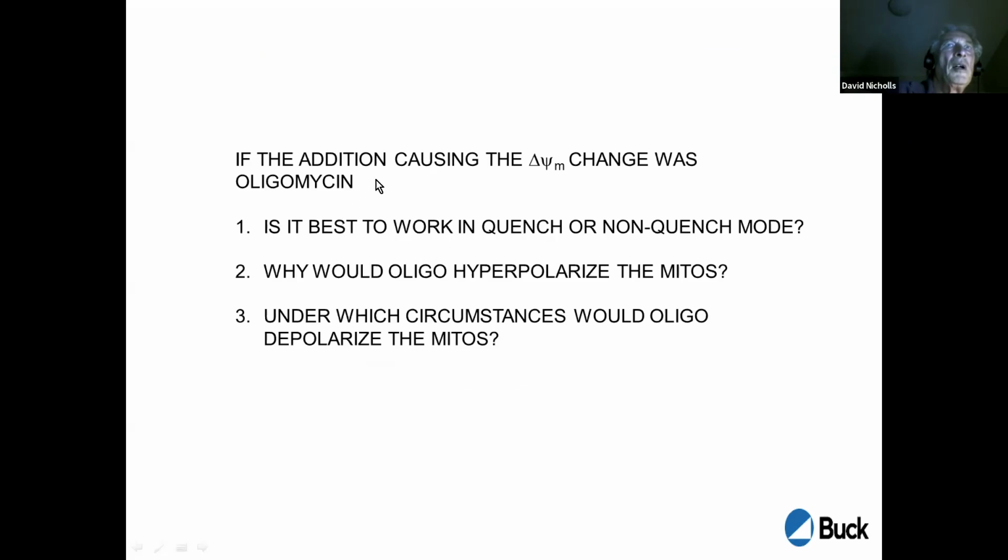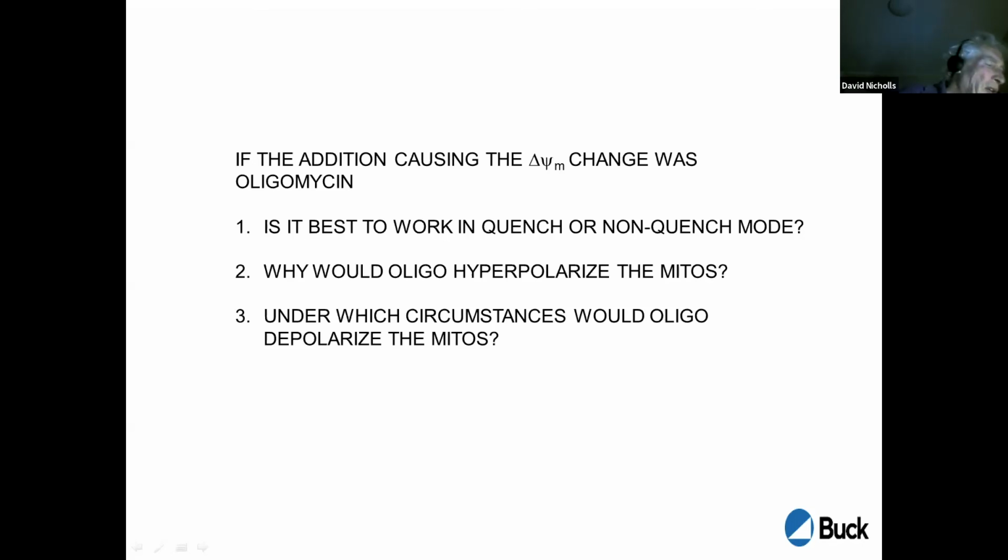So let's assume that the slight hyperpolarization was caused by oligomycin. And then we ask the question, is it best to work in quench or non-quench mode? And why would oligomycin hyperpolarize the mitochondria? And under which circumstances would oligomycin depolarize the mitochondria?